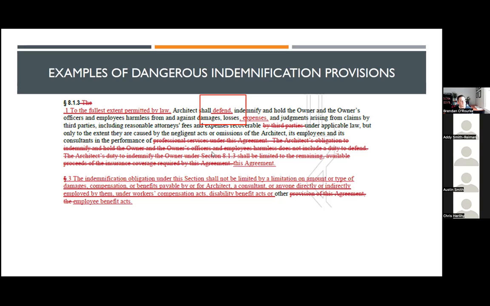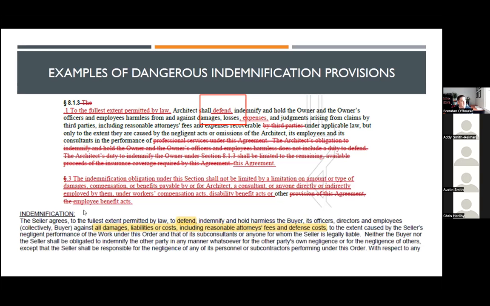And ultimately we were able to come to some agreement on that. But be on the lookout for that. They also struck from the language that the duty to defend is limited to the remaining amounts of insurance coverage. Again, I made the note earlier, that's something that at all costs you want to avoid.